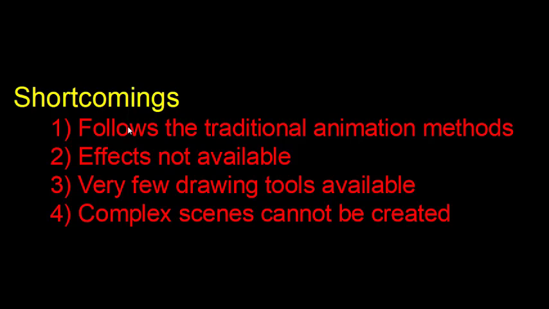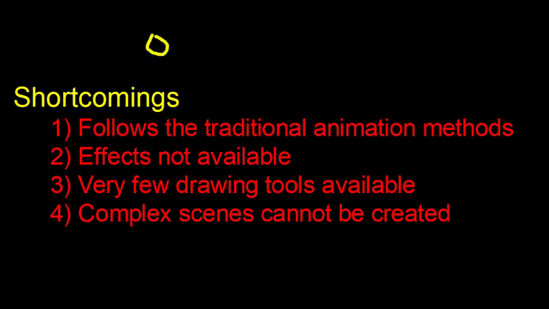With the advantages, we also have some shortcomings. The very first is it follows the traditional animation method. So what is this traditional animation method? In the traditional animation method, we have various frames and we have to draw the animation by hand. Suppose you want to show a ball rolling from one point to another.